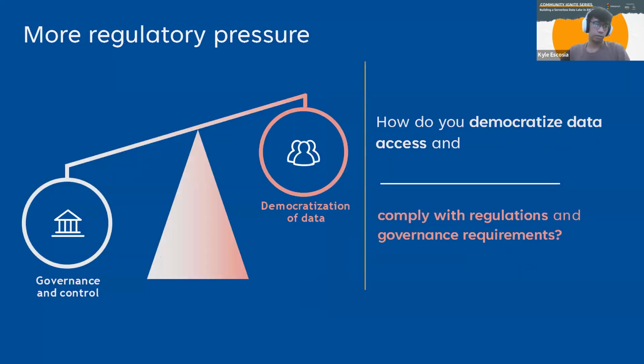Then there's governance and control in those systems, which are generally very strict. You can't leverage the full 360-degree view of the data because you can't access it at some point, due to data privacy concerns.